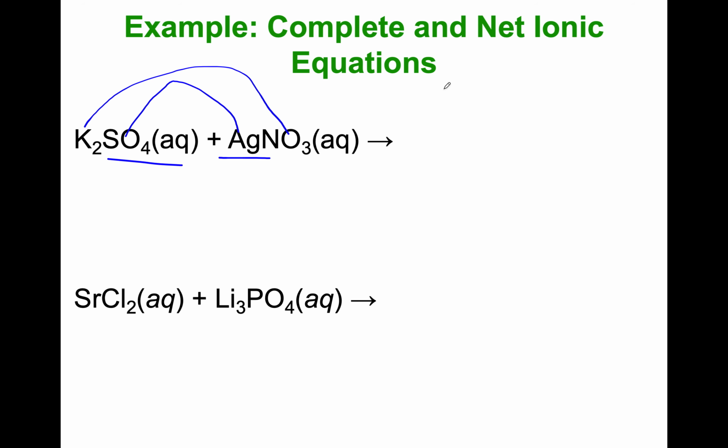Then we need to balance a chemical equation. Okay, so if we go here, we see that's potassium sulfate, silver nitrate. So our solid is going to be Ag, and sulfate has a 2- charge. That's our solid. And then if we have silver sulfate, our leftover is potassium nitrate.